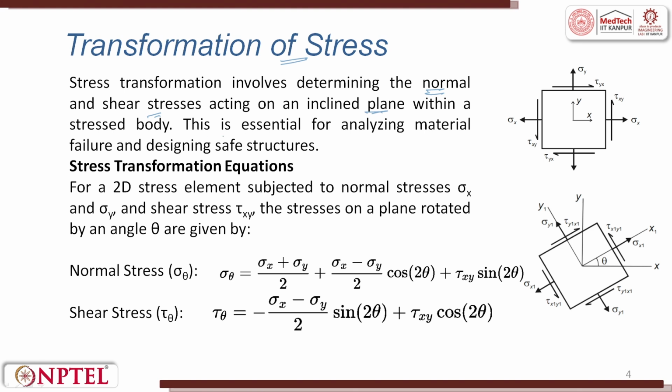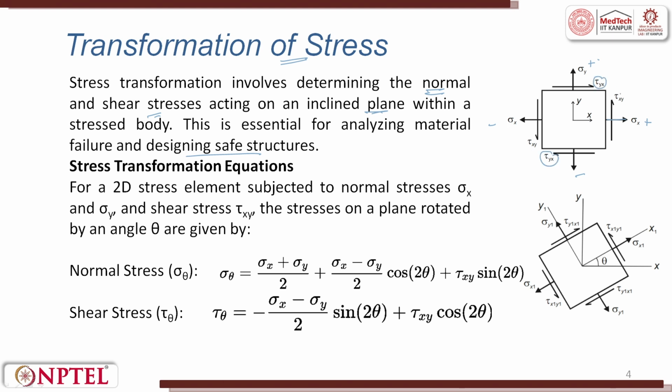This is essential for analyzing material failure and designing safe structures. When you represent this in a unit element, you will have a square, then you will have delta x in one direction, maybe this is positive, this is negative, delta y positive and then negative. Then where is tau? So, tau is the shear which happens here.